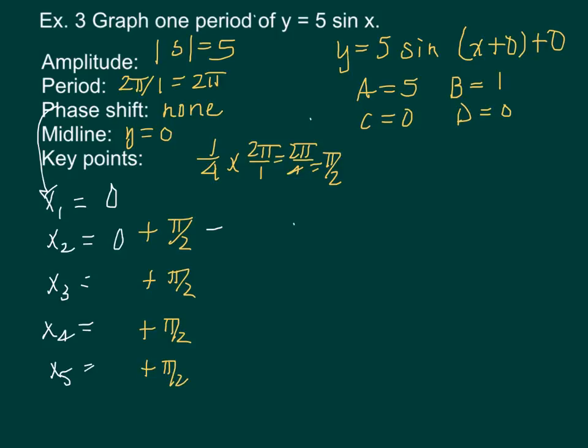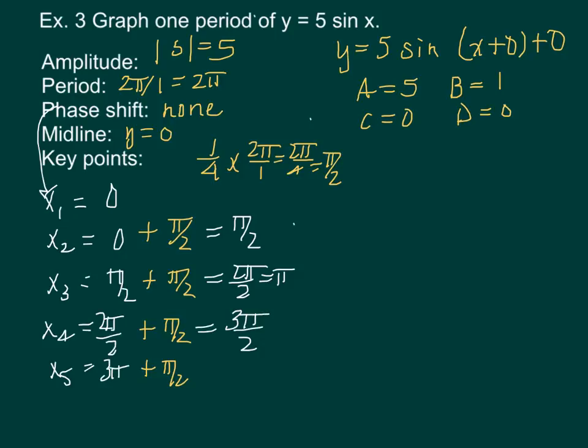So 0 plus pi over 2 is pi over 2. Pi over 2 plus pi over 2 is 2 pi over 2, which is the same thing as pi. And then 2 pi over 2 plus pi over 2 is 3 pi over 2. 3 pi over 2 plus pi over 2 is 4 pi over 2, which is 2 pi.